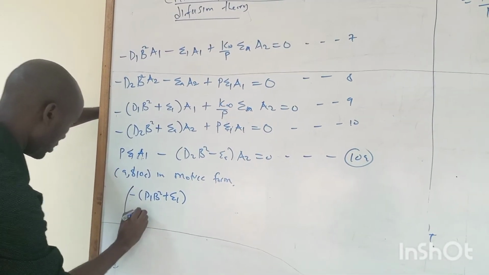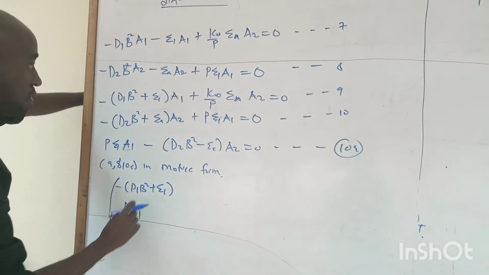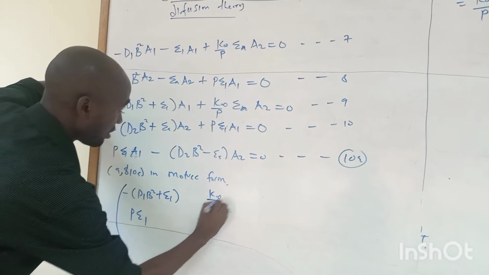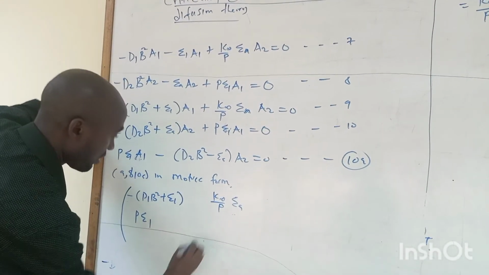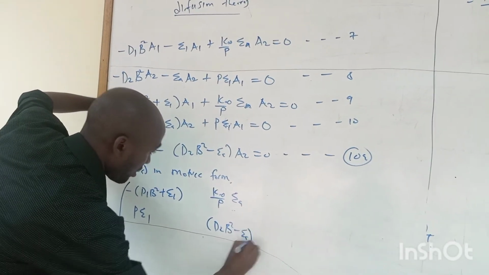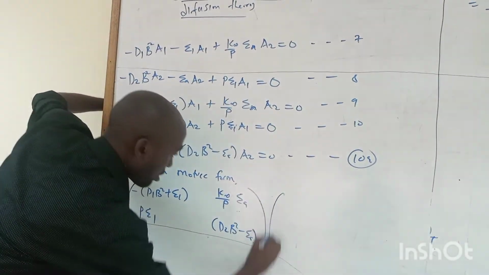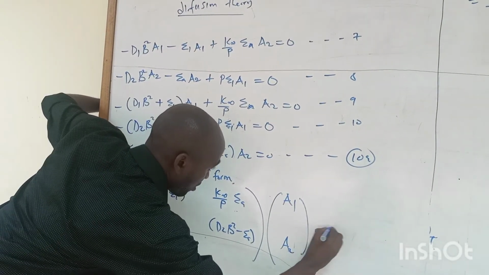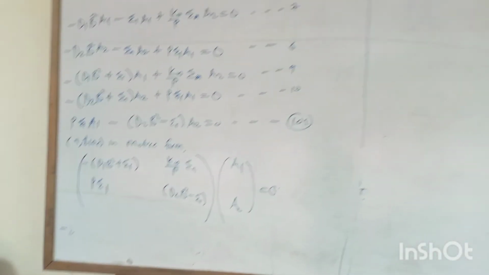This one will be p e1. That will be k infinity p, ea, d2 b squared minus ea, a1 a2 is equal to 0.